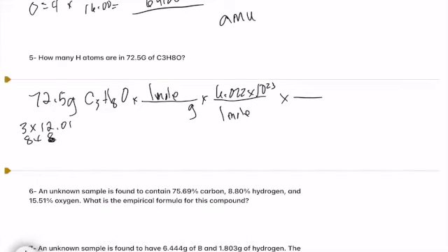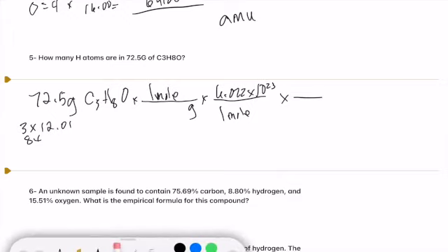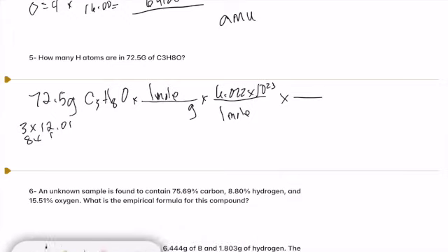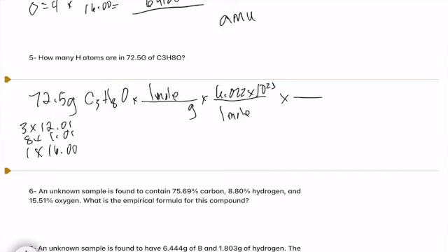Let's go ahead and get the molecular mass of C3H8O isopropyl alcohol. We know that we have 3 carbons at 12.01. We have 8 hydrogens at 1.01. And we have 1 oxygen at 16.00. We'll add those together.